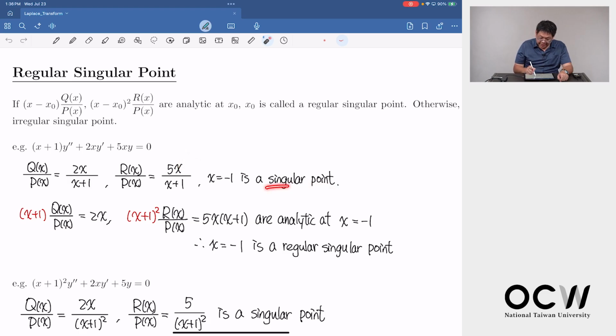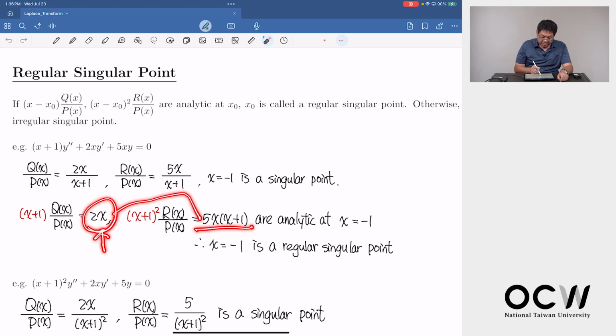Since it is a singular point, now we need to check if it is a regular singular point or an irregular singular point. So we multiply the factor x plus 1 to the fraction q over p, and also x plus 1 squared times r over p. In this case, we see this is 2x, and here we have 5x times x plus 1.